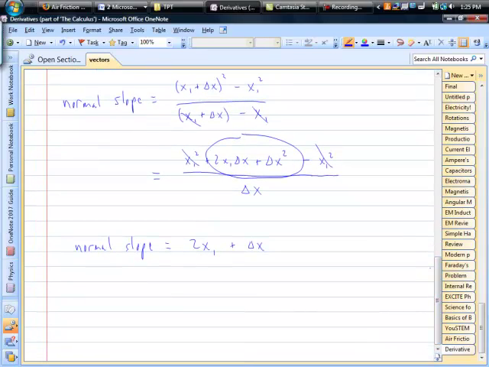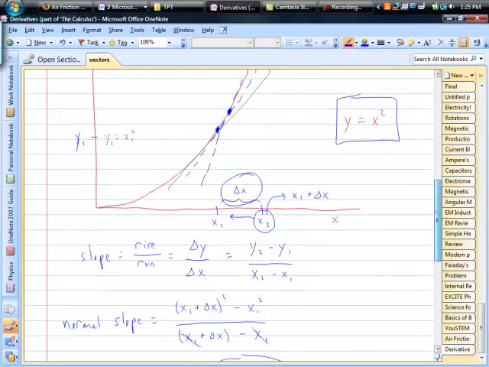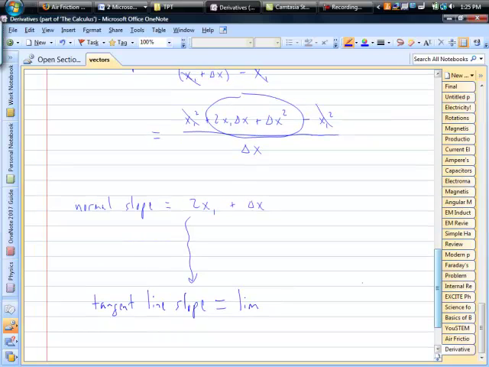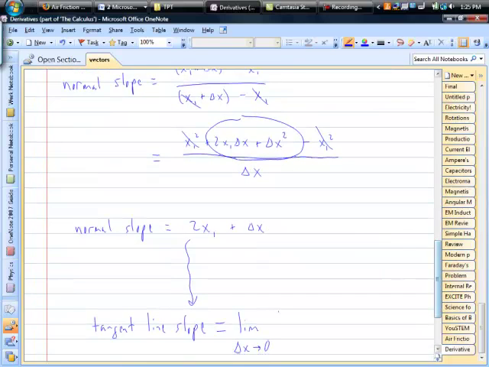The way we write this, and this is the transformation that's going to happen, going from the normal slope of our dashed line to the tangent line slope, is called taking a limit. We want that delta x, we want our second point to get really close to our first point.